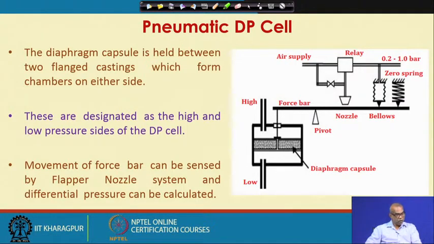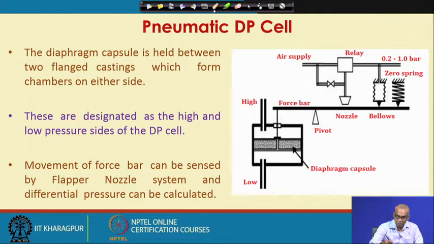So, what you now see is a schematic of a pneumatic DP cell. The diaphragm capsule is held between two flanged castings which form chambers on either side.